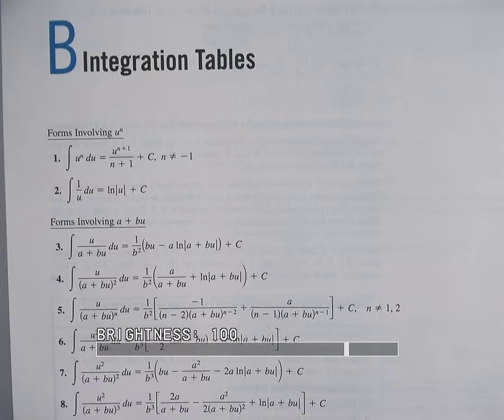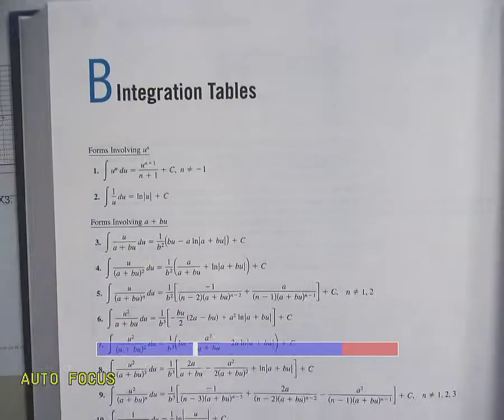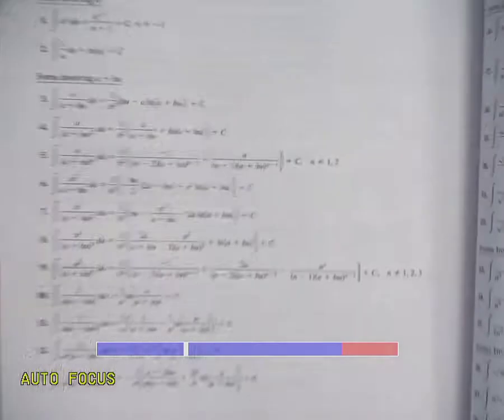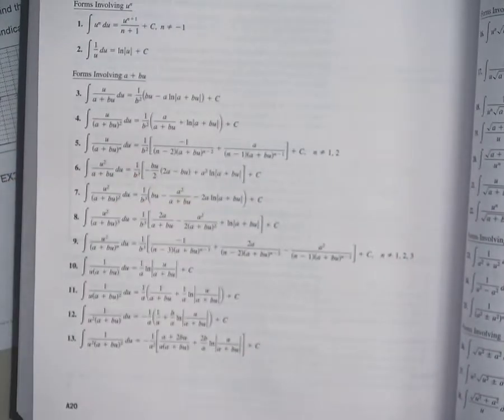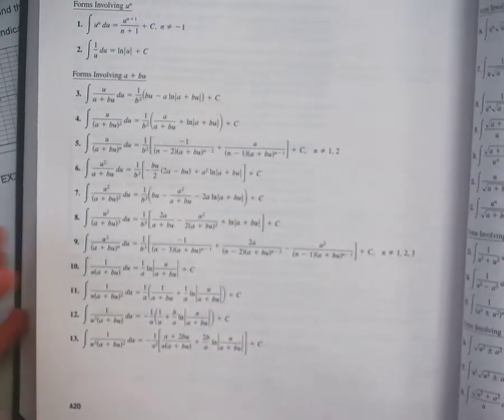You see this guy? These are called integration tables, and I just want you to look. This is how many different formulas for integrals that you have. 13. 28.